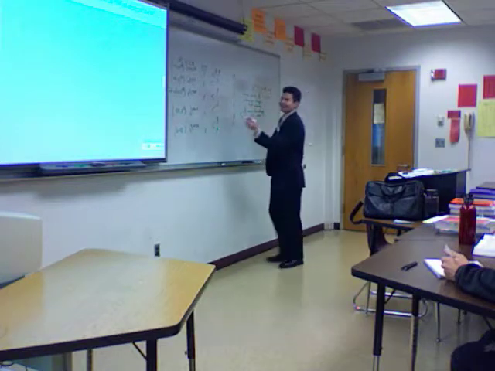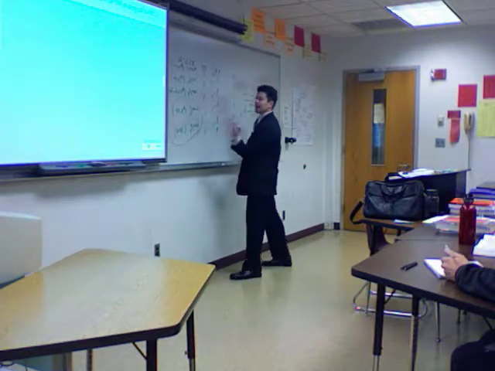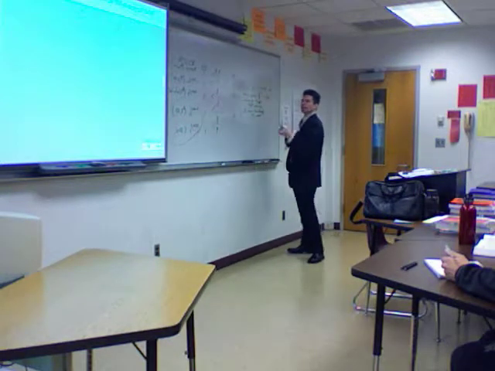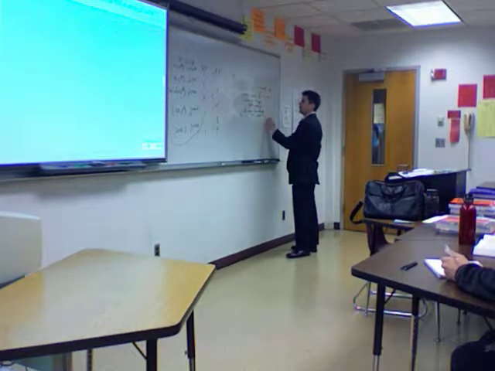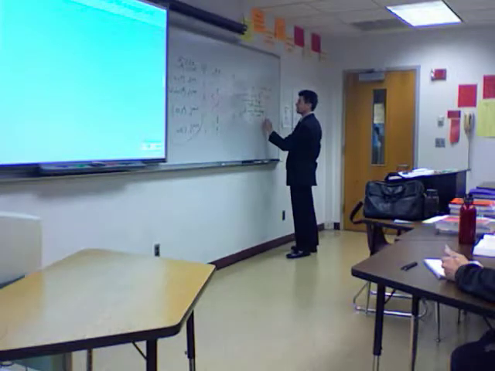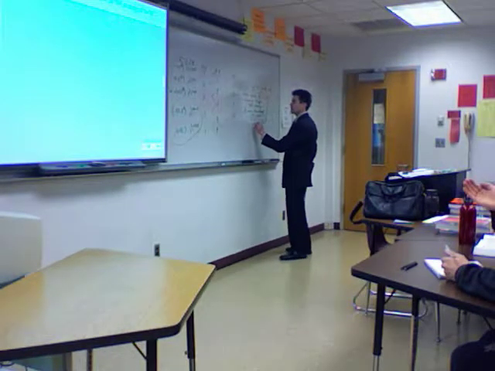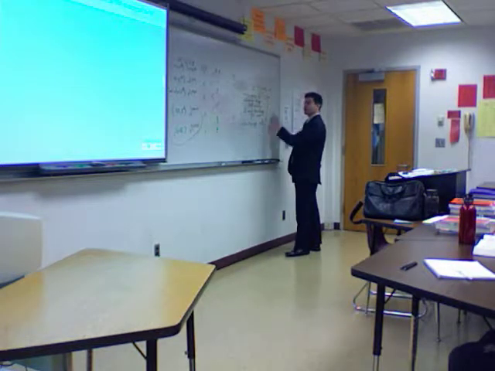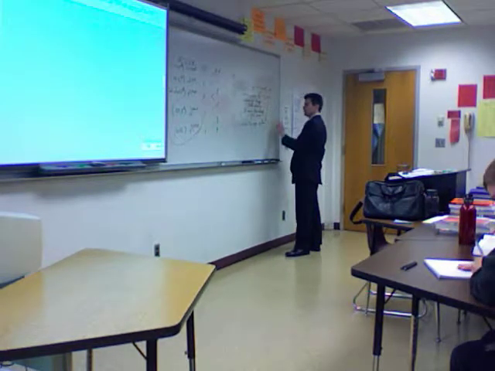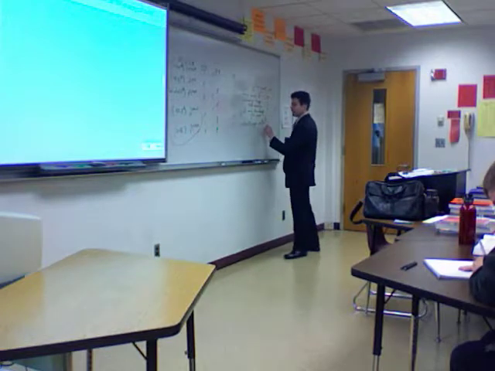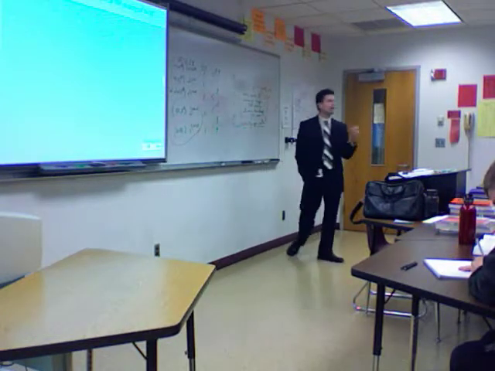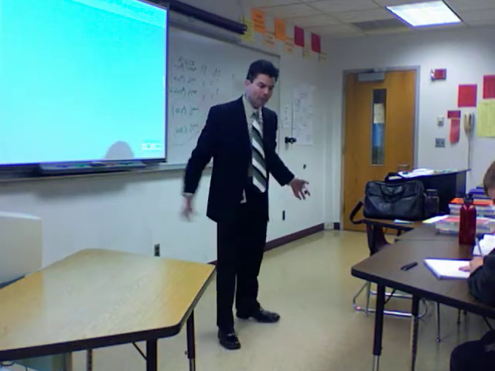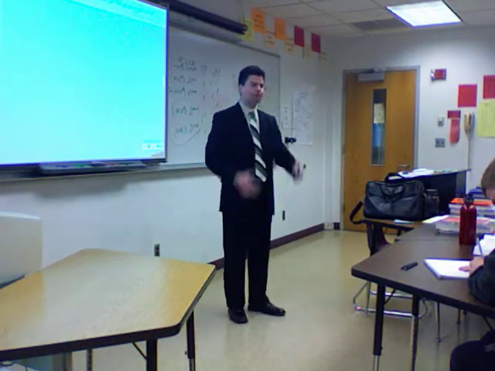So besides the fact that they are producing less, what does it tell me about what happens to marginal cost after specialization? Why is it that marginal cost will now increase? Here it's decreasing, here it's going to increase. After specialization, why does that happen? Think about what was going on here. Why were they producing less?